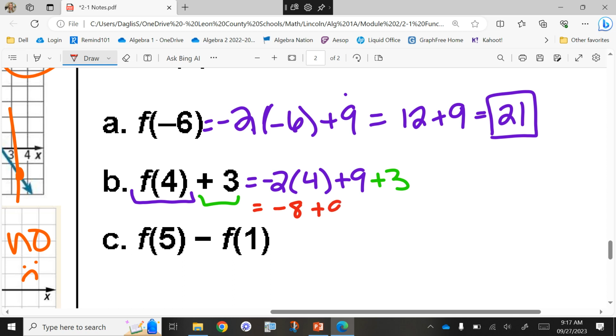We still have plus 9 and plus 3. Careful, negative 8 plus 9 is 1, and then 1 plus 3 is 4. So we plugged 4 into the function, which came out to be just a 1, and then it wanted me to add 3 on the end of that.